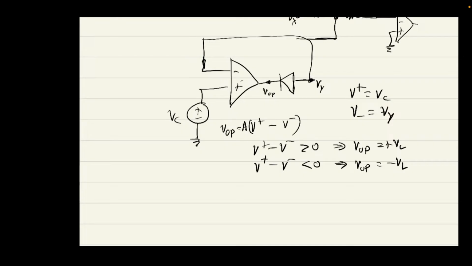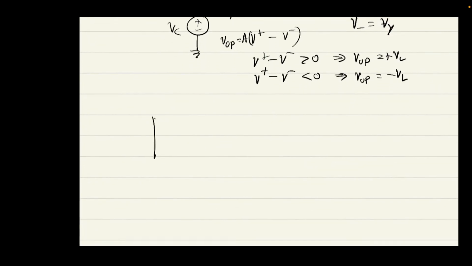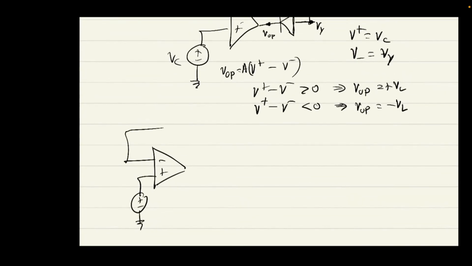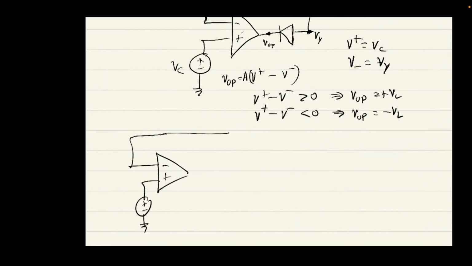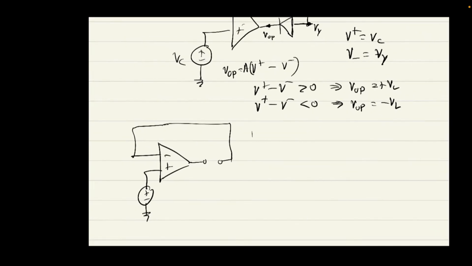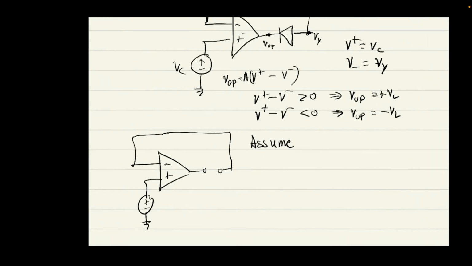It's a bit weird, but let's go through this one step at a time. You have minus, you have plus. First, let's assume that this diode is open. What that means is we are assuming that V plus minus V minus is greater than 0, and that V op is positive VL. What this means is that the diode is reverse biased.